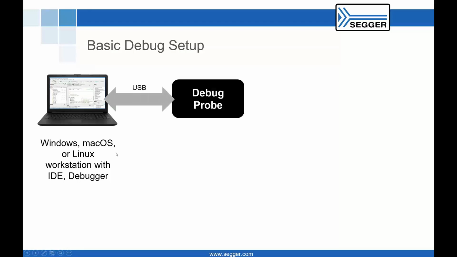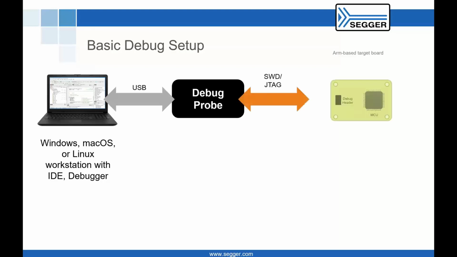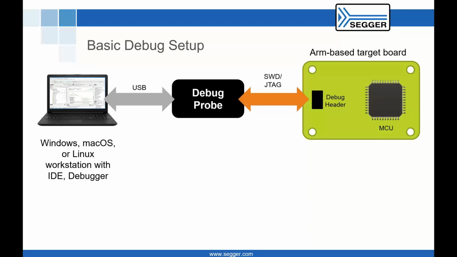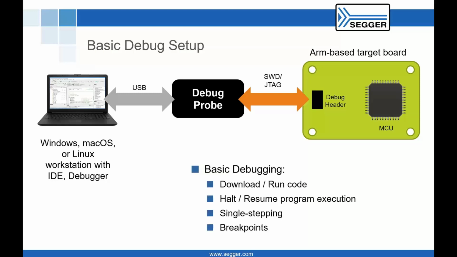Usually that's connected to a debug probe sitting on your desk, and then that is connected to your target board, usually through SWD or JTAG protocols. There's a debug header, you plug in your debug probe, and that communicates with the MCU under test. And that usually gives you the basic debugging features.